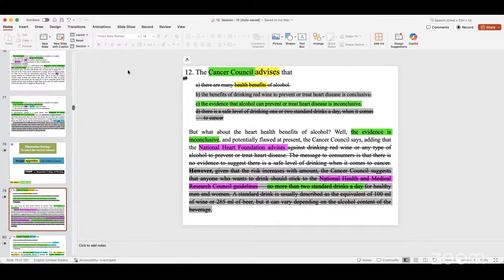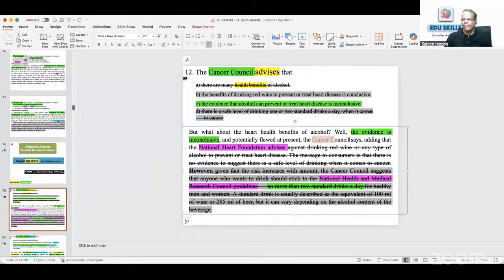National Health and Medical Research Council. And now the question is asking, what does the Cancer Council advise? There are 2 different organizations, right? Here you see Cancer Council says.